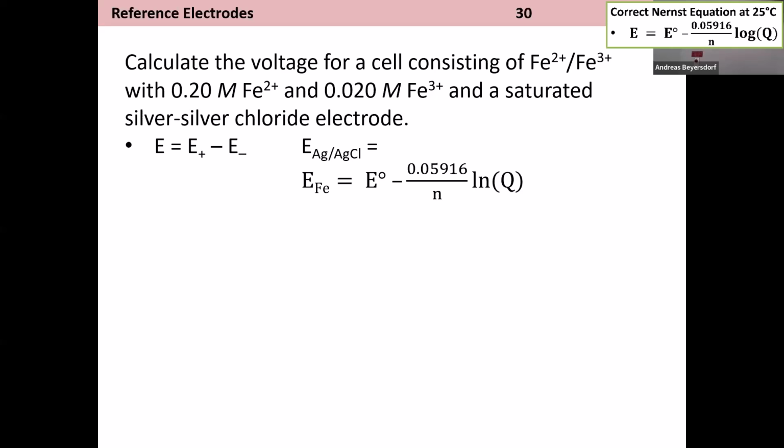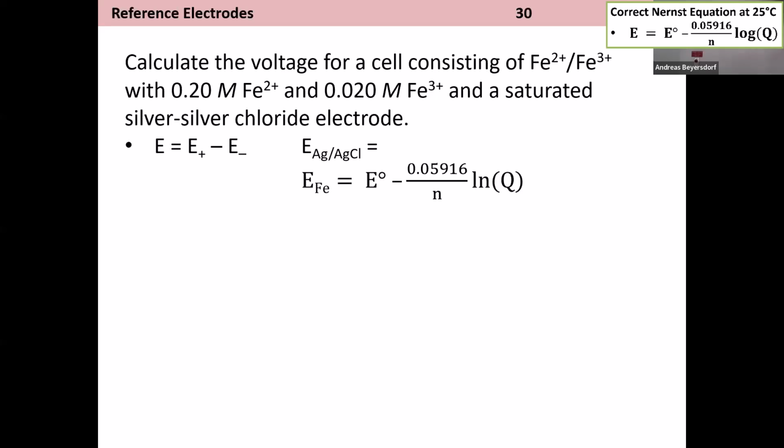So 2.3 times 0.05916 will be minus 0.136, right? And so that's going to give me 0.635. Thank you very much. Okay, so that's for one electrode.